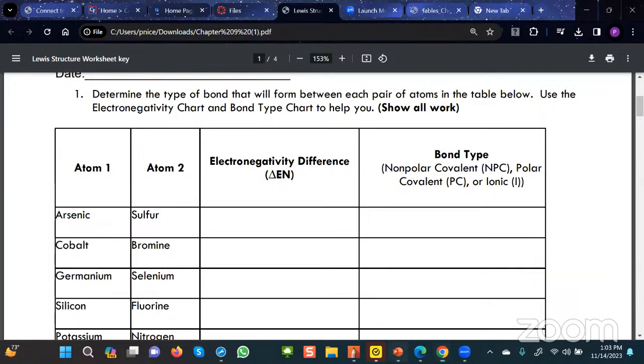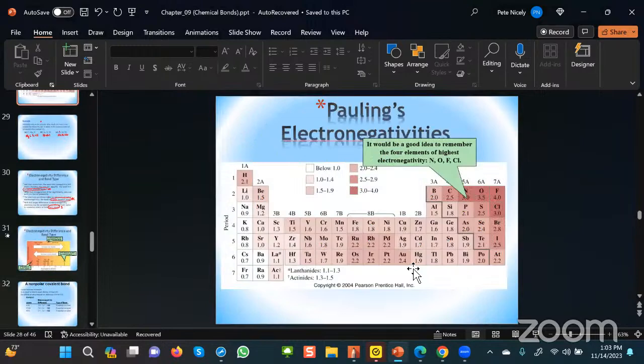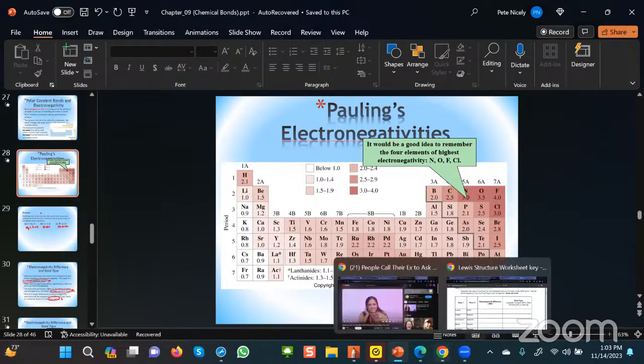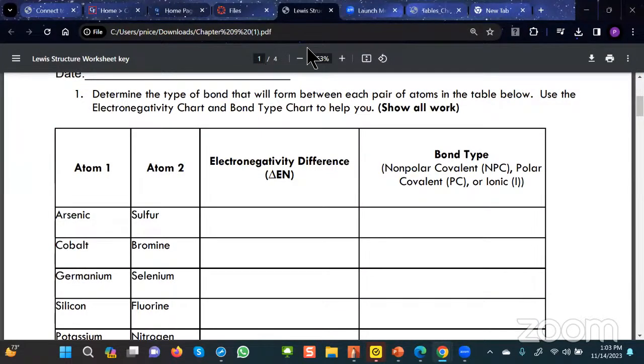So let me go to the electronegativity chart. Okay, so arsenic is 2.0 and sulfur is 2.5, all right? So that means that, arsenic is 2.0, sulfur is 2.5, right?